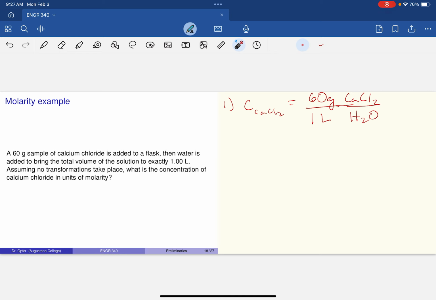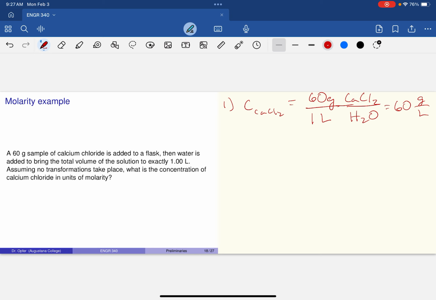So calcium chloride is always going to be written as CaCl2. So 1 molecule of calcium, 2 molecules of chlorine. Okay, so our mass concentration is just 60 grams of CaCl2 added to 1 liter of water. So this gives us 60 grams per liter of calcium chloride.